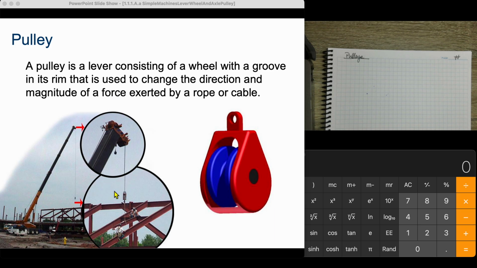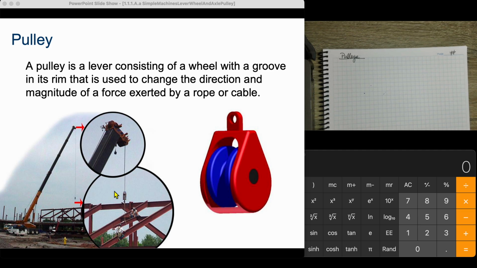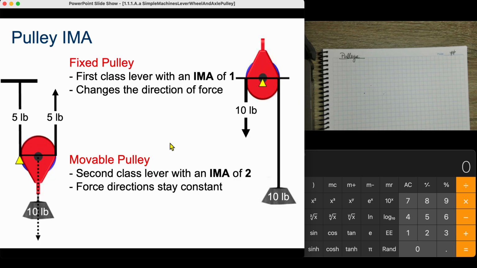You might have a pulley in your window blinds. Pulleys are all over the place. They're in the equipment that you see at the gym, all kinds of different things. And honestly, if you get into some robotics, you'll probably see some pulleys in there.